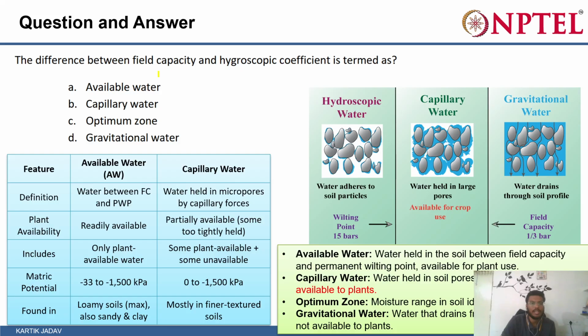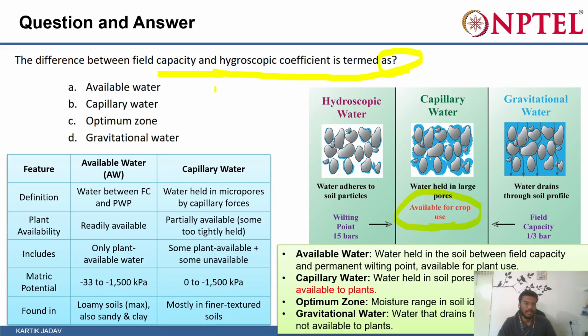The difference between field capacity and hygroscopic coefficient is termed as... So we know that hygroscopic water is water that adheres to the soil particles, and this hygroscopic water generally occurs at wilting point, that is around 15 bars, while capillary water is water that is held in the large pores, that is available for crop use, and gravitational water drains through the soil profile and is available at field capacity of one third.